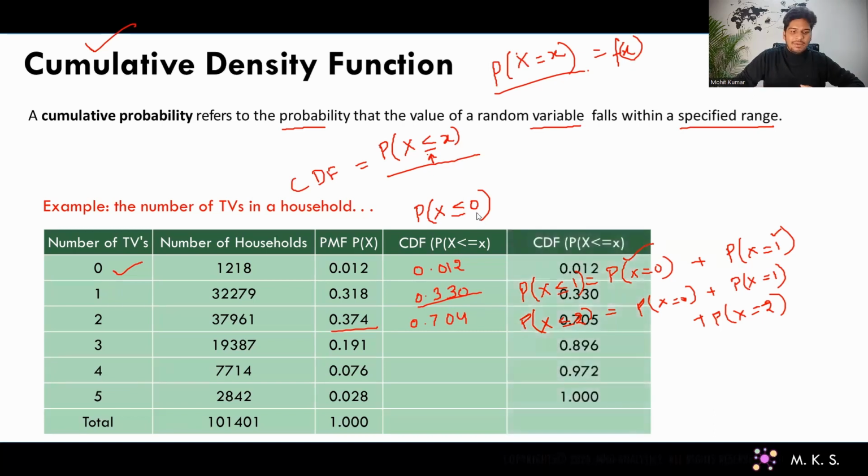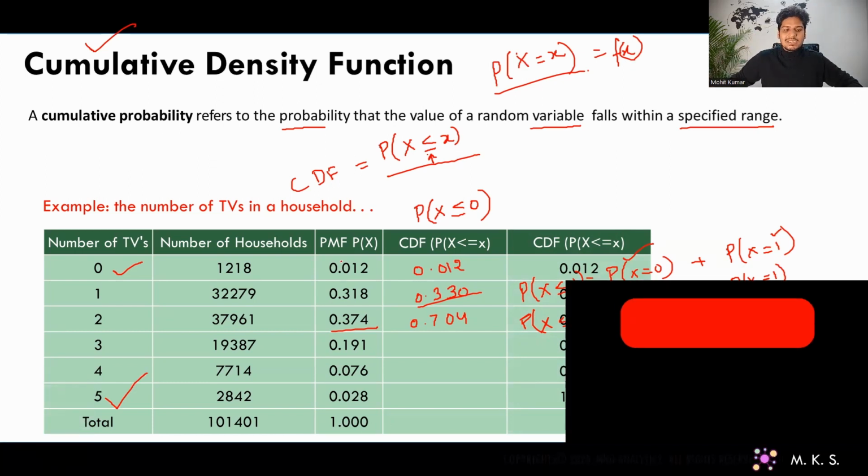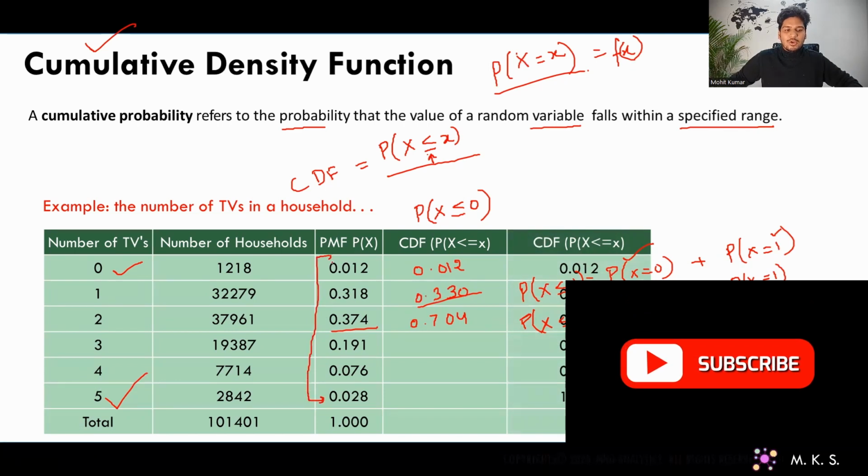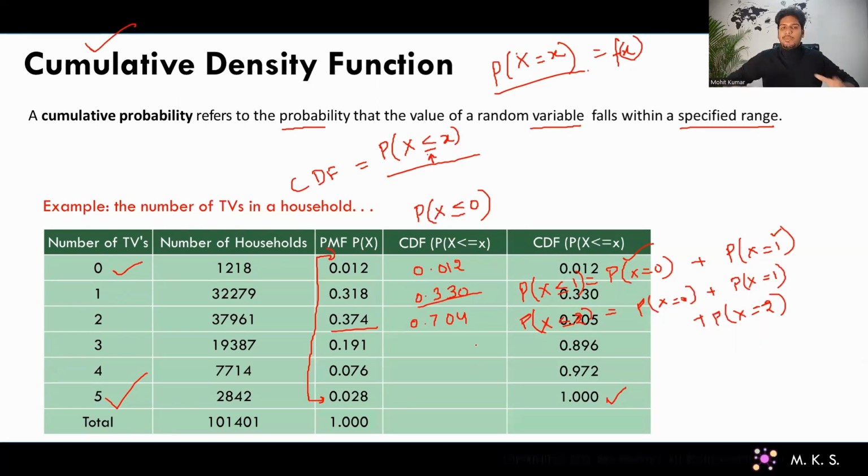So now that will be calculated, as you can see. As you know, for the last value in your random variable, it will be 1, because you know sum of all the probabilities will be equal to 1. That's the characteristic of your probability mass function. If you sum all the probabilities corresponding to the values of your random variable, you will get the value 1, right? I hope this is clear.